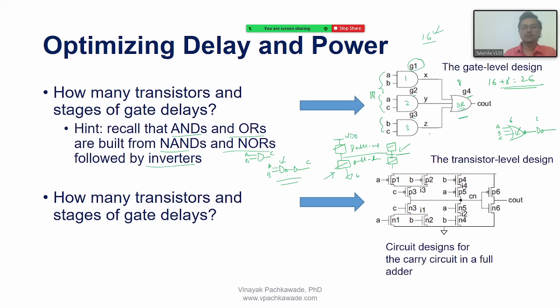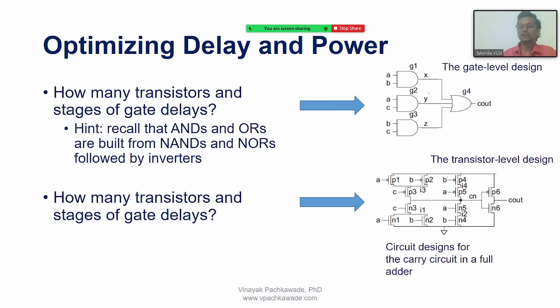Right. Now tell me how many stages of delay from input to output. That's also an important question. Again, think carefully. This is not too simple because I cannot have a direct implementation of AND. I need inverters here.